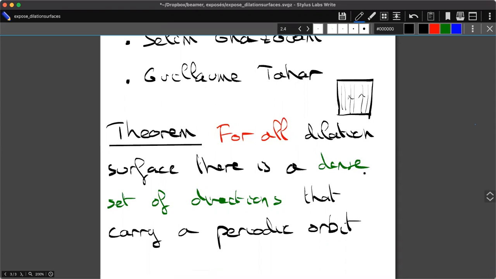It's just something topological. We have a dense set of directions for all dilation surfaces, but just a dense set of directions, and we are not able to say anything about a full measure set of dilation surfaces and directions, which corresponds to the full measure set of affine interval exchange maps from the very first question that I stated.